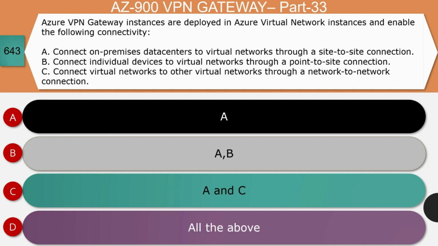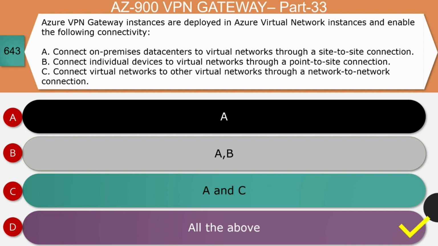Next question. Azure VPN gateway instances are deployed in Azure Virtual Network instances and enable the following connectivity. Connect on-premises data centers to virtual networks through site-to-site connection. Connect individual devices to virtual networks through point-to-site connection, or connect virtual networks to other virtual networks through network to network connection.